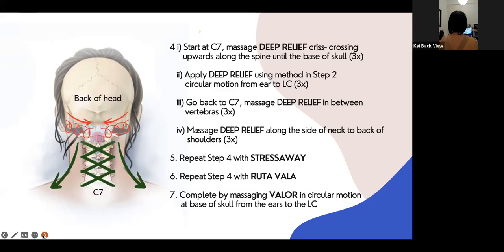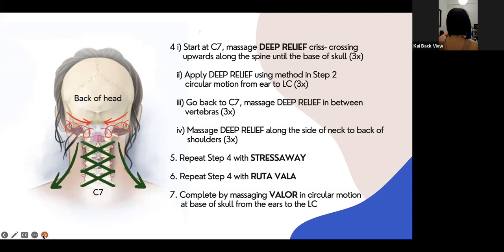Okay. So basically, this is the most complicated it can ever get. We're going to do it with Stress Away and then with Deep Relief. So for those of you who have the Stress Away, we can run through it for everybody to make sure everybody understands.